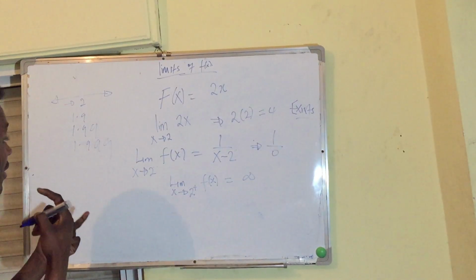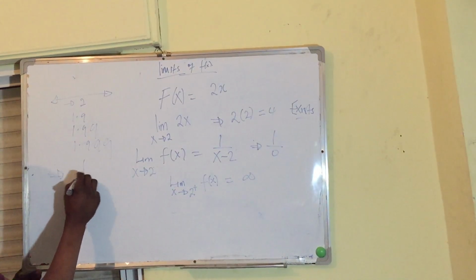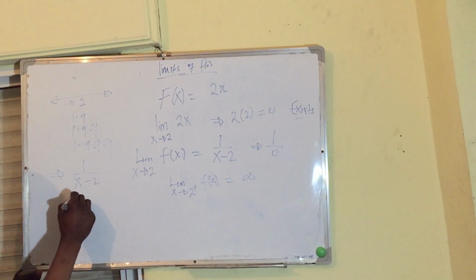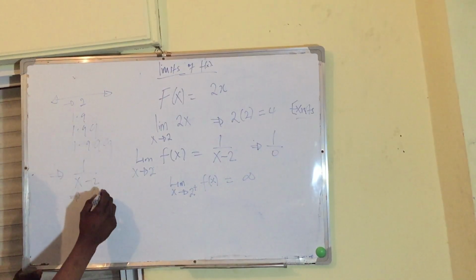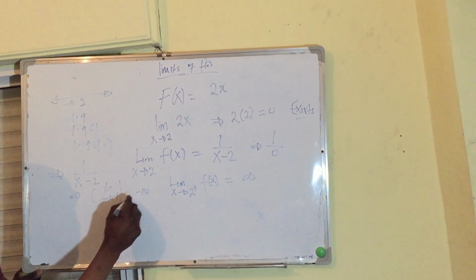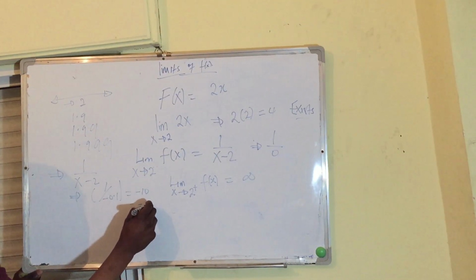Let us see what happens. What happens is 1 over x minus 2. If we put in these numbers, we get a negative answer, probably negative 0.1, which gives negative 10. If we put in 1.99, we get negative 100, and so on.